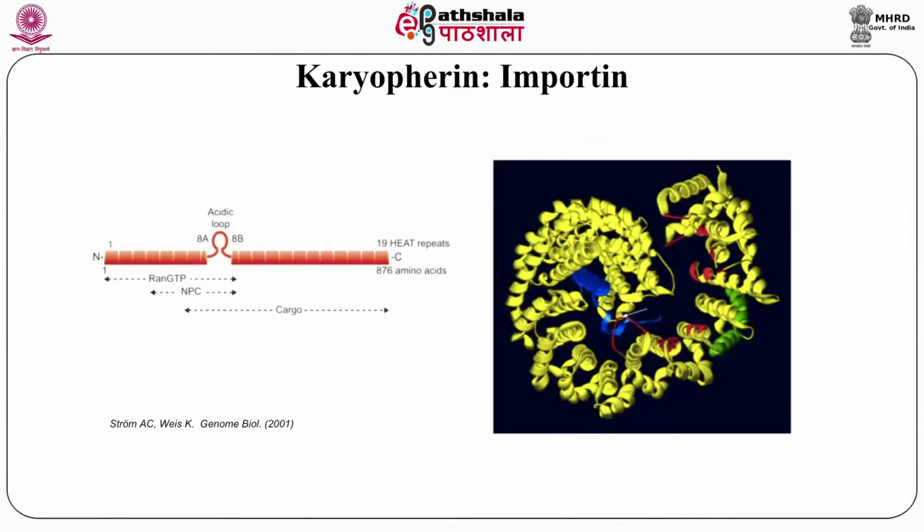The HEAT repeats 1 to 8 are required for high affinity binding to RAN GTP. The importin beta binding or IBB domain of importin alpha interacts mainly with the residues located in repeats 7 to 19 of importin beta.